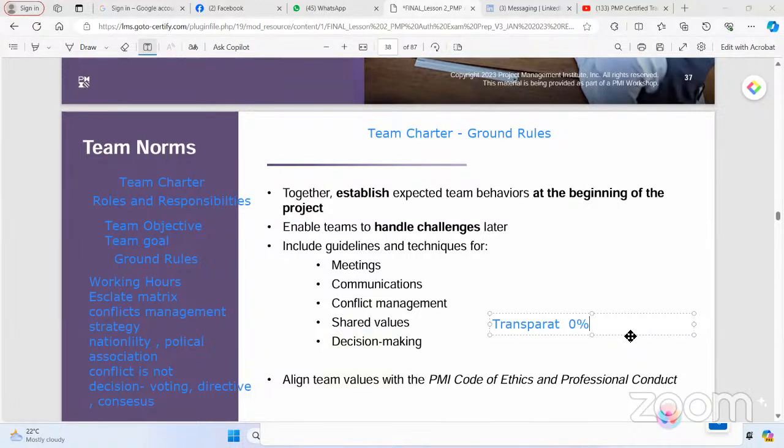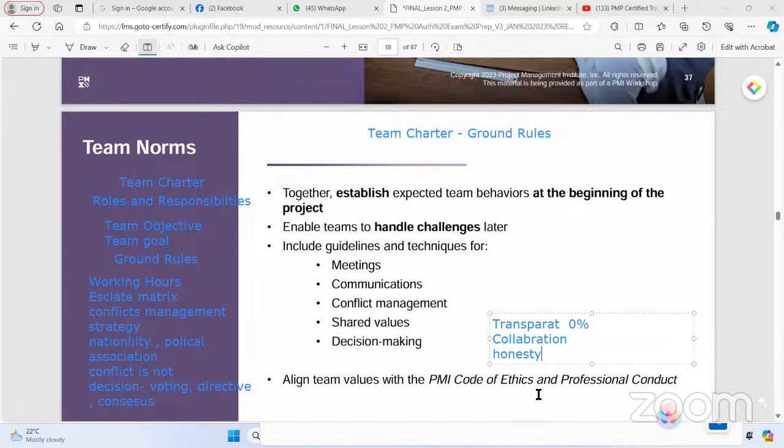This is one of the values, but we promote collaboration. This could be another value. We like people working with each other, and this is what we value more as a team. Yeah. So these are our values, and we may value honesty. We have these values as part of the PMI code of ethics.